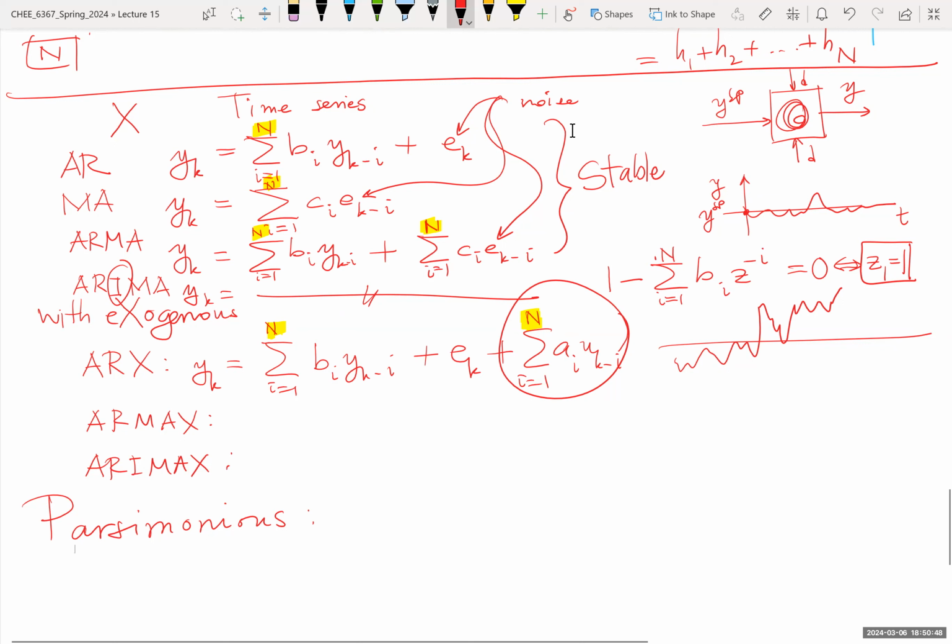How many do you need? People have been playing with these things, and there's an endless series of papers that talk about whether you use an AR or an MA or an ARMA or an ARIMA and ARX and all of these models. In practice, thankfully, you don't need to be bogged down by which one of these is the right one, because most of the time, many of those are correct.